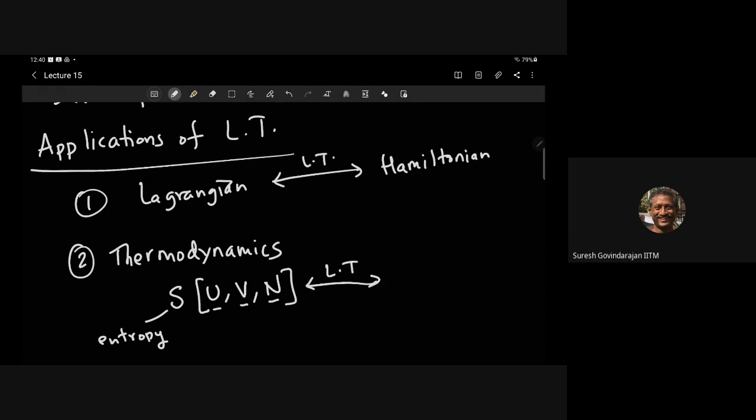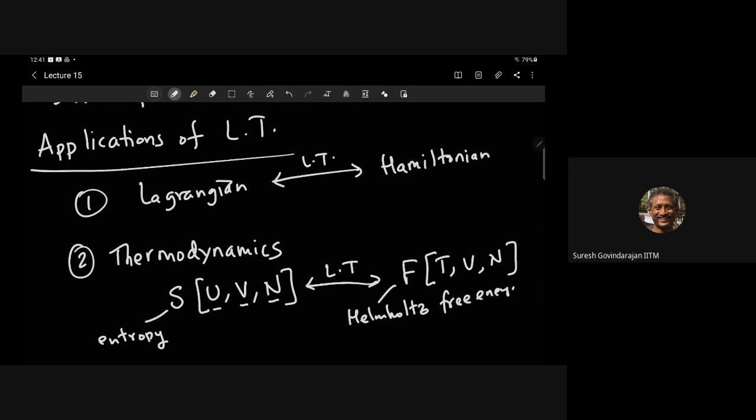There is a Legendre transform, of course, and it takes you to what's called the Helmholtz free energy, which is F of T, V, and N. So this is the Helmholtz free energy.